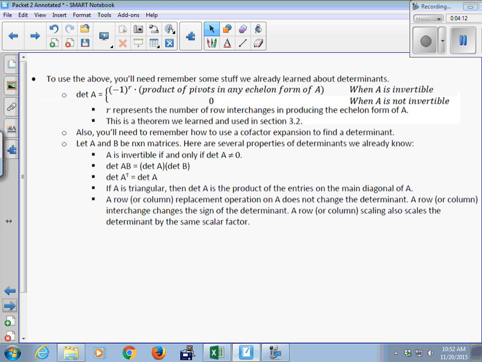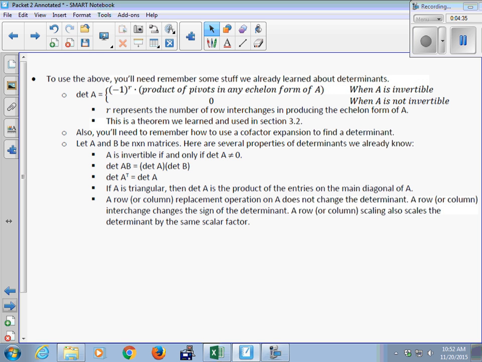To use this, we take the determinant of A minus lambda I a lot, so we have to remember a lot about how to find determinants. We learned several methods. One of them was that you can put things in echelon form, not row reduced echelon form, just echelon form, and multiply the products of the pivots.